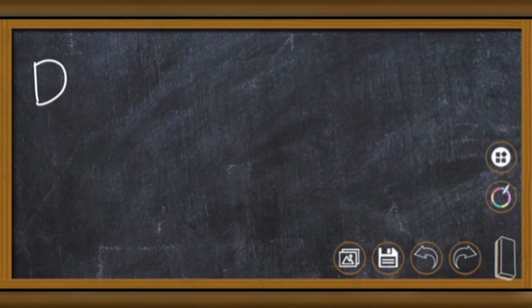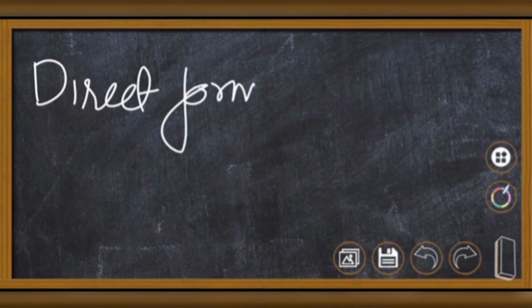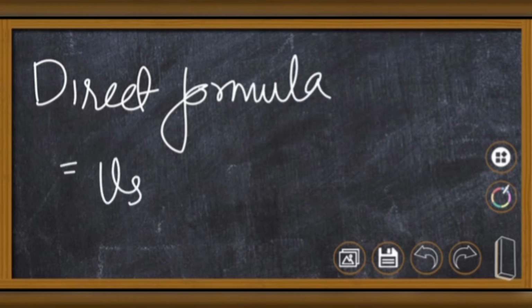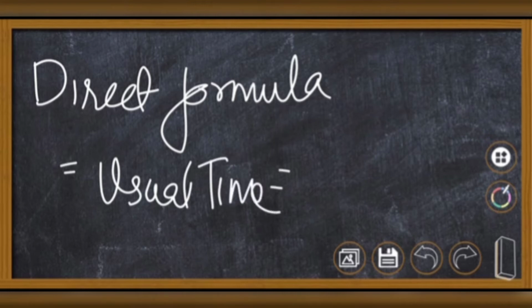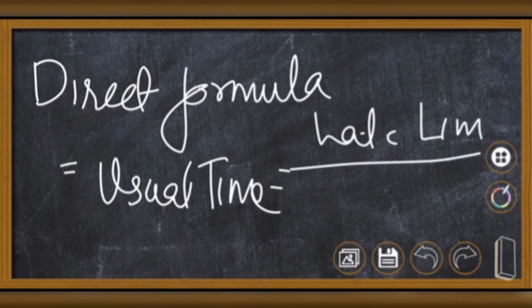Now we shall discuss the direct formula, and we can see how we can apply that. The direct formula is, whenever this type of question is asked, to find the usual speed, usual time: late minutes, that is late time, divided by 1 divided by the fraction minus 1.